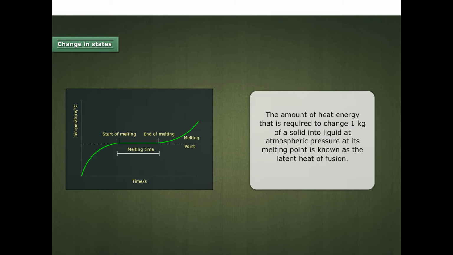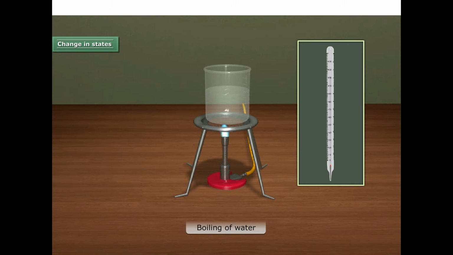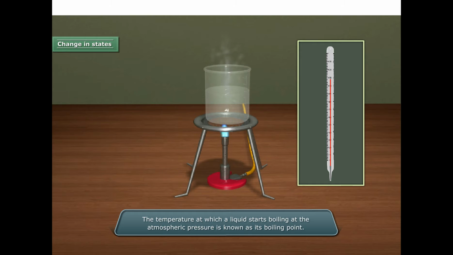As in the case of melting of solids, the temperature during the evaporation of liquids remains constant. This can be attributed to the latent heat of vaporization. Latent heat of vaporization is the heat energy required to change 1 kg of a liquid to gas at atmospheric pressure at its boiling point.